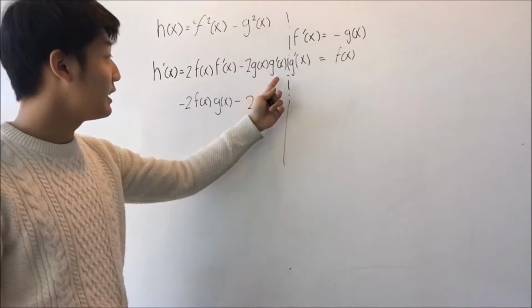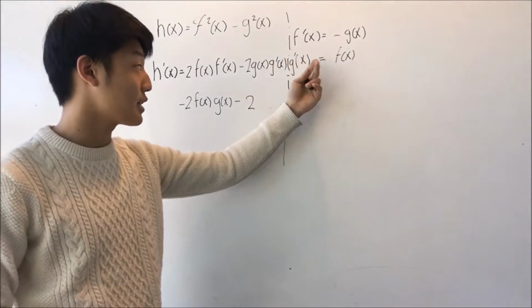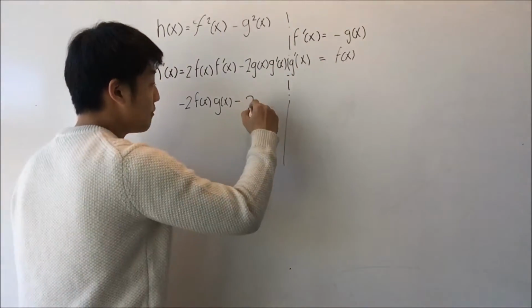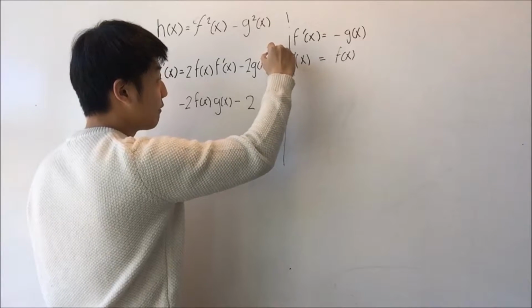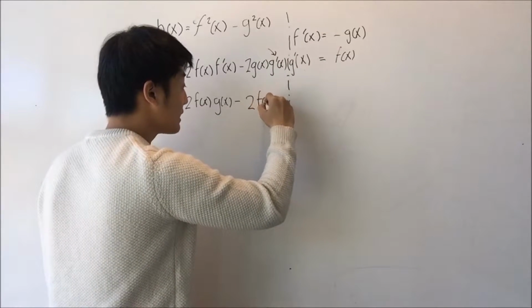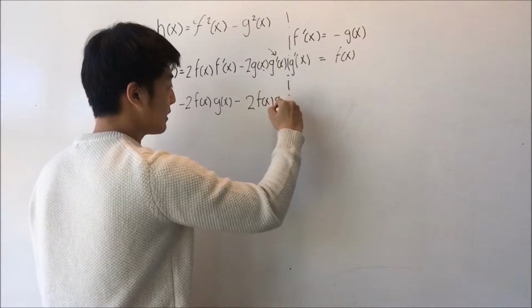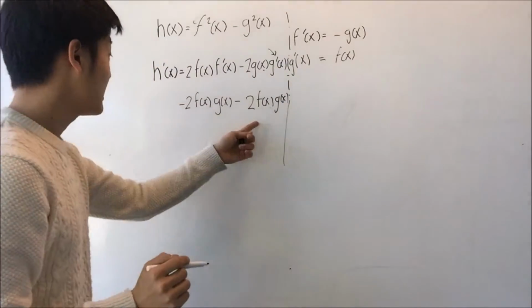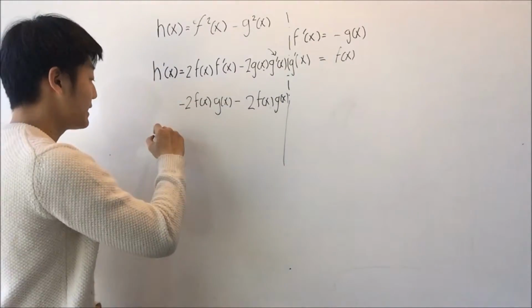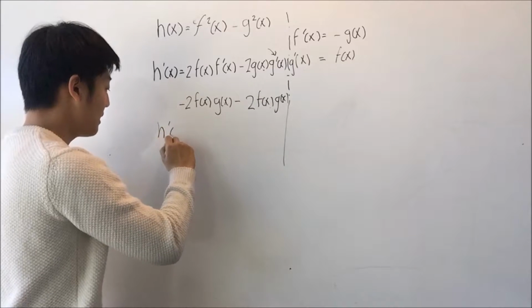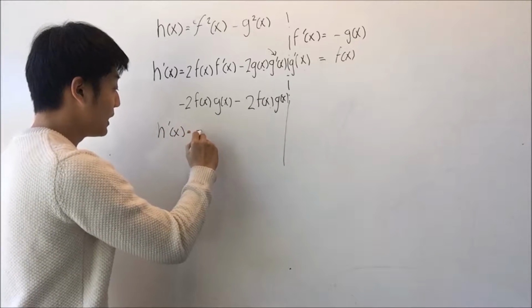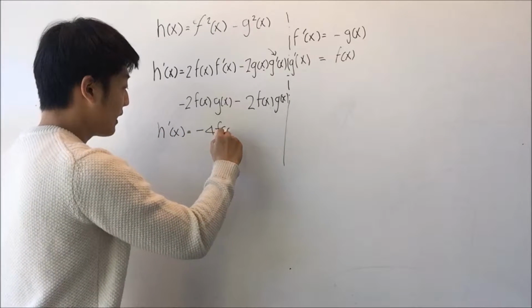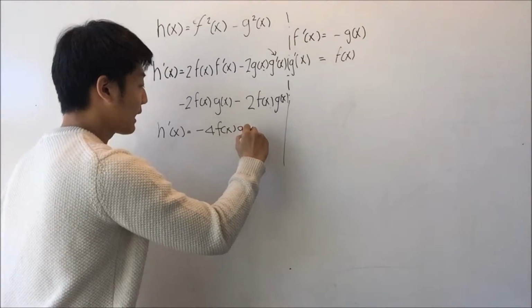So when you look at it, this is g prime x, and g prime x equals f of x. So 2, I'll go with prime first. F of x, and now gx. Everything's done. We can just simplify this as h prime x is equal to negative 4 fx gx.